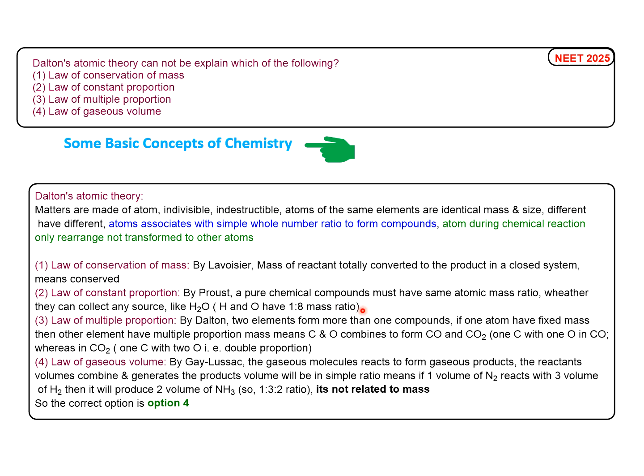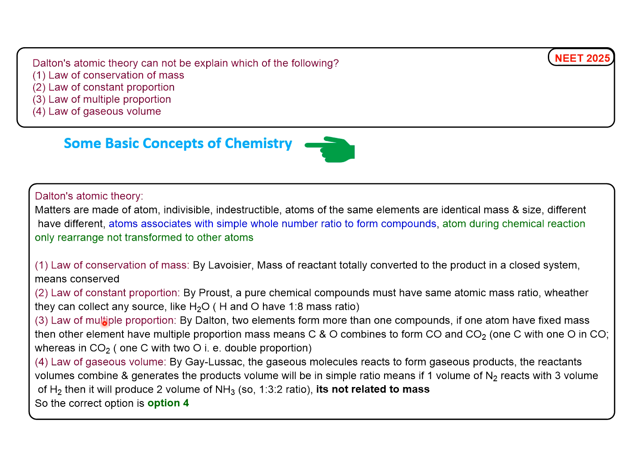This is the law of constant proportion. It also says that atoms associate in a simple whole number ratio to form compounds. That means this law of constant proportion is also validated by Dalton's atomic theory.